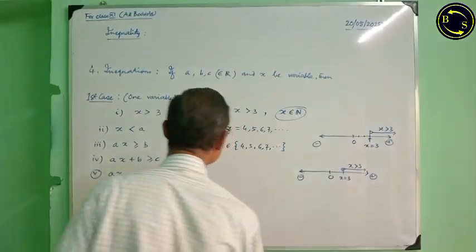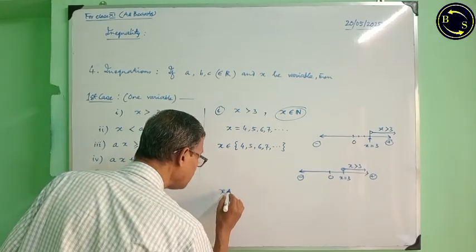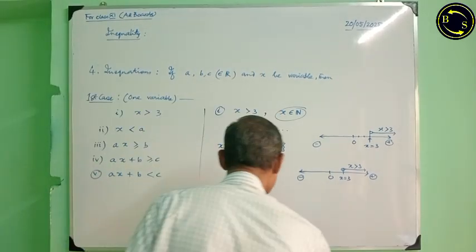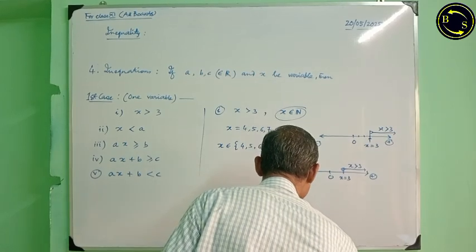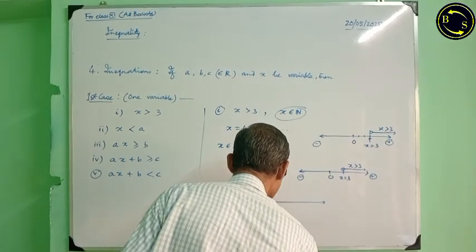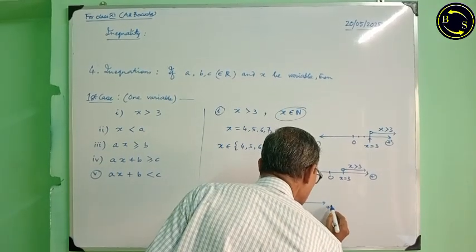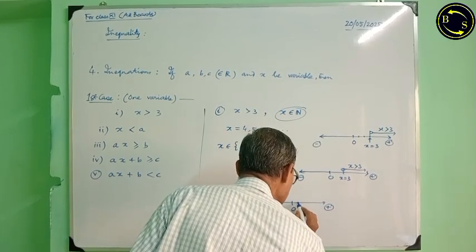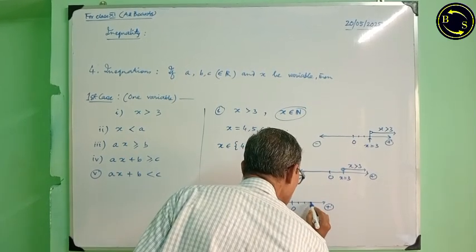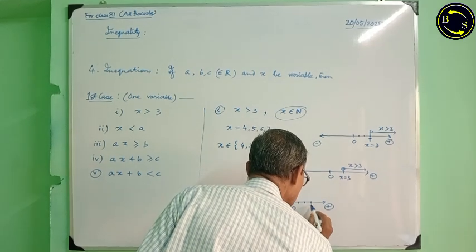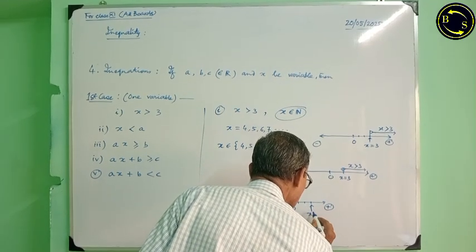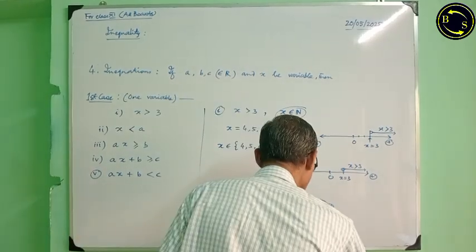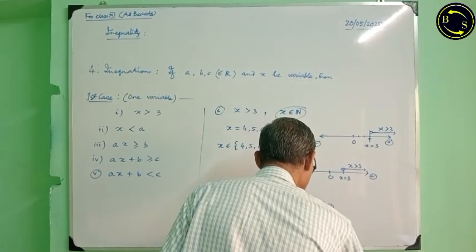Now, if it is x greater than or equal to 3, how shall we represent it? We draw the number line like this, and this is the origin, 1, 2, 3. Then we draw a vertical line.